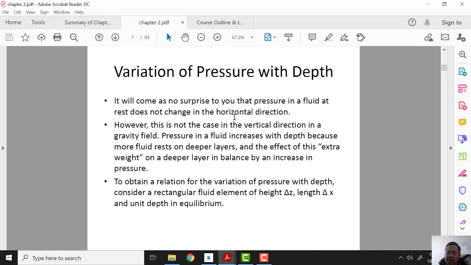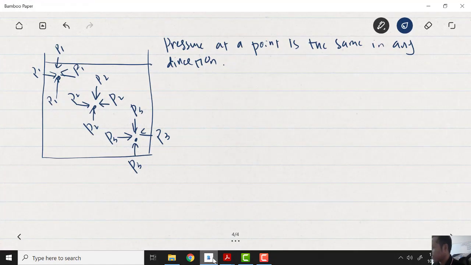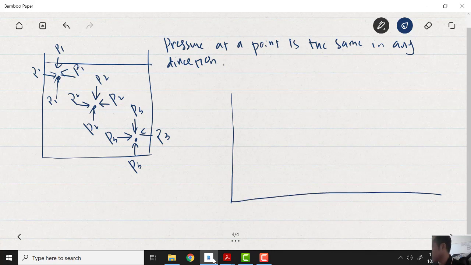We know that pressure is the same in the horizontal direction but different in the vertical direction. For example, we have a pool with water. Pressure at any point on this horizontal line is the same.